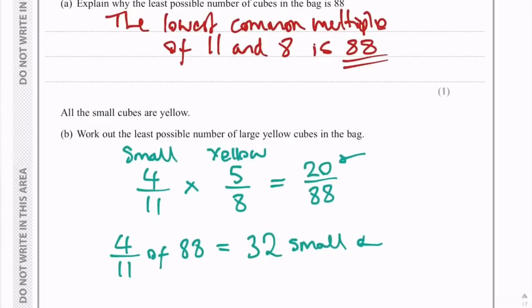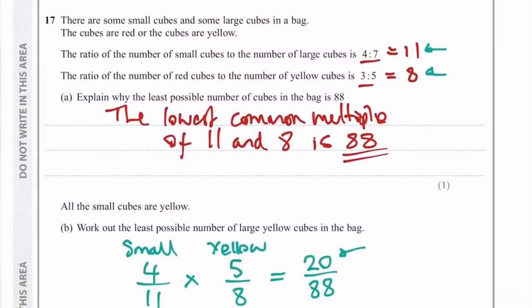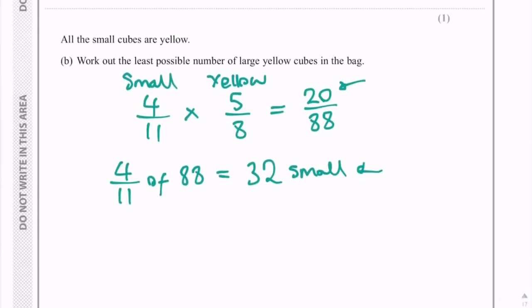Now we could also have a look at the large as well. So let's have a flick and have a look at the large. Coming back up, large cubes was 7 in that ratio, 4:7. So large will be 7 out of 11.